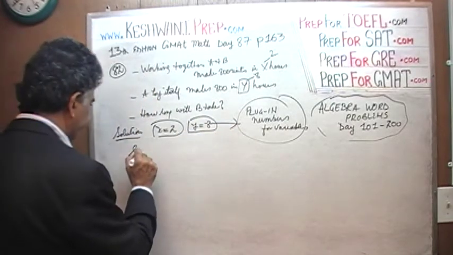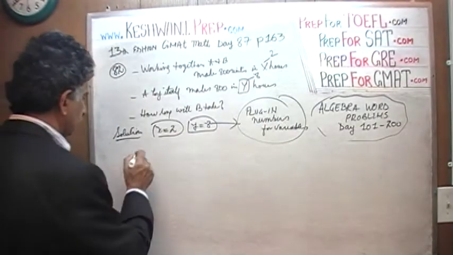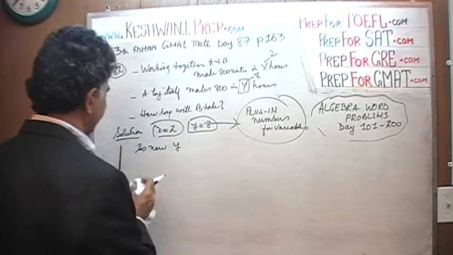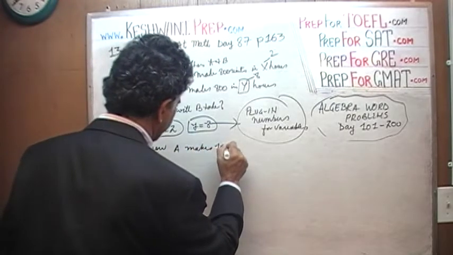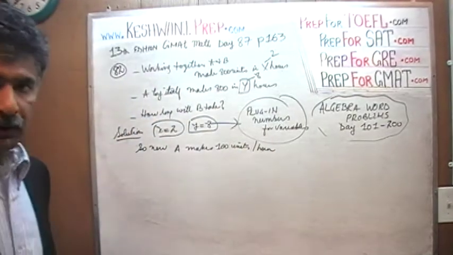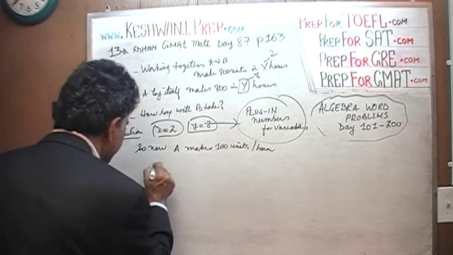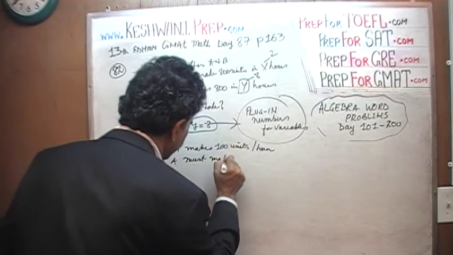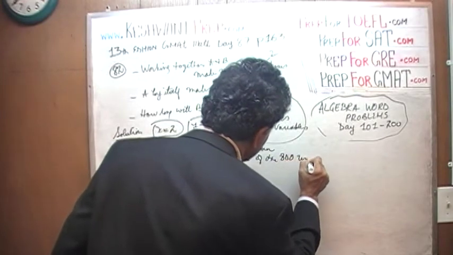So now A makes 100 units per hour. Now remember, working together they take only 2 hours, which implies that A must make 200 of the 800 units.